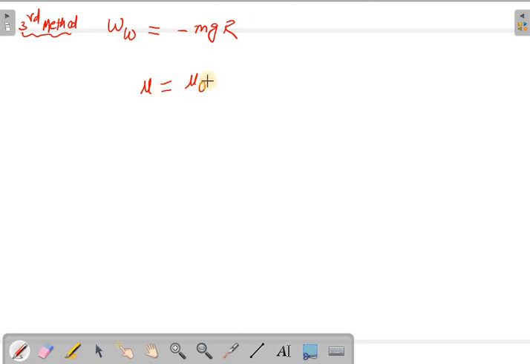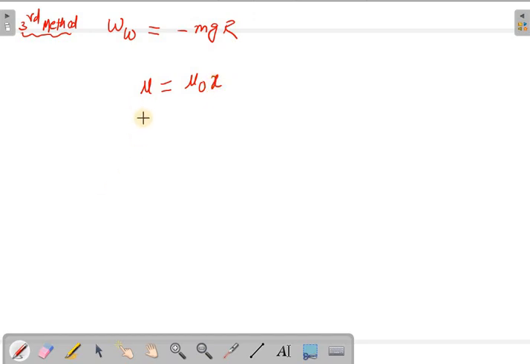Okay, the work done by weight was already calculated as minus mgr. This is basically the third method. And we know that the coefficient of friction is given as mu equal to mu naught x.